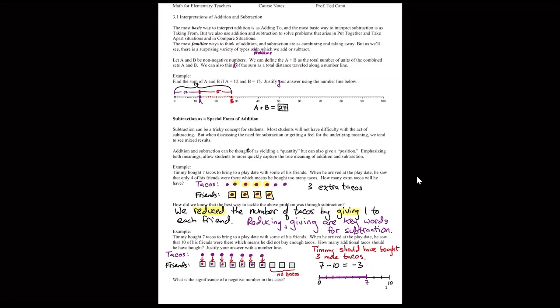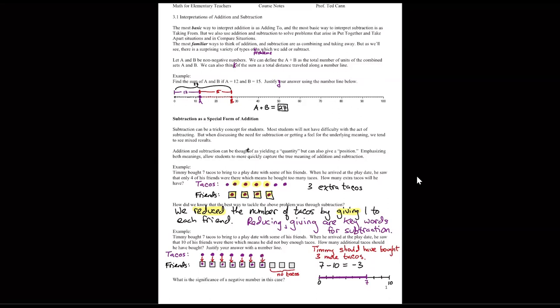Another way of doing it would be to say that you're somehow reducing the number of tacos by the number of required tacos. Right? That could be a little bit trickier for kids to understand, but that would get the job done. Where you would say, all right, I got my 7 steps in the direction of tacos.